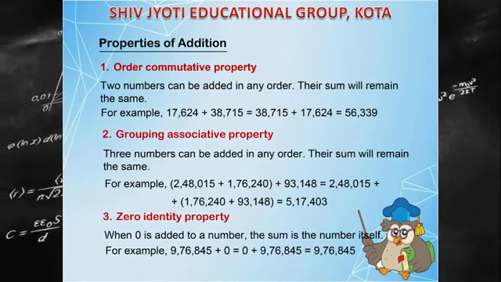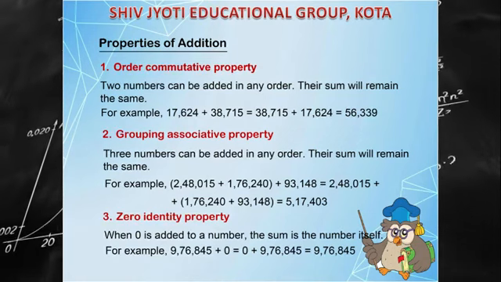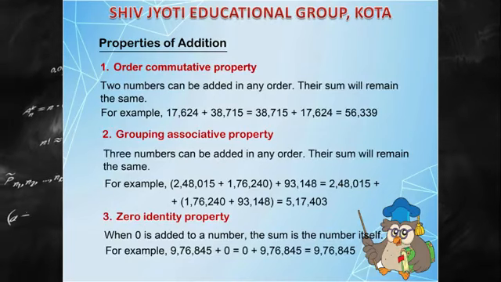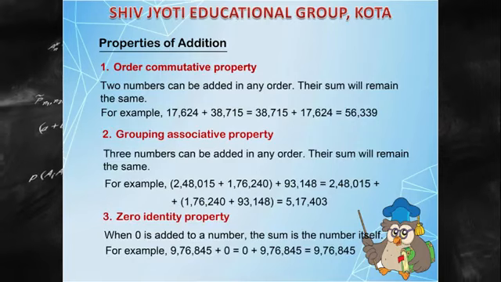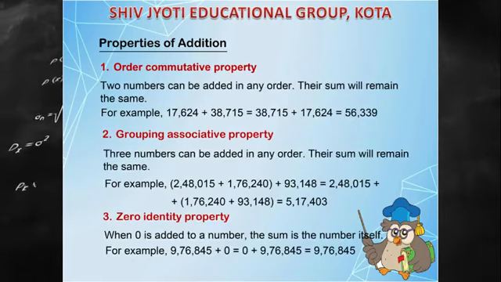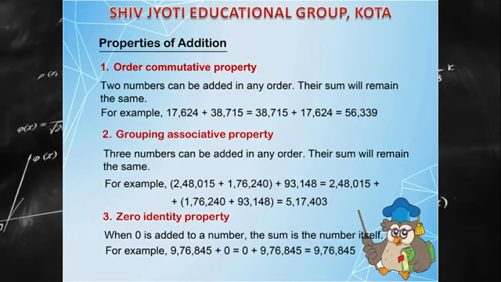On the other side, 1,76,240 plus 93,148 equals to 2,69,388 plus 2,48,015 is also 5,17,403.